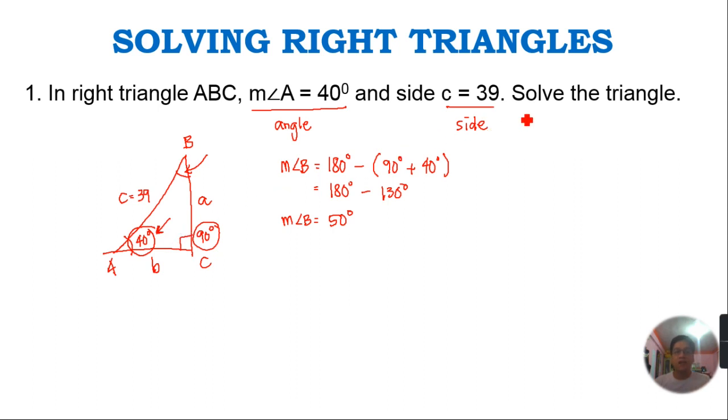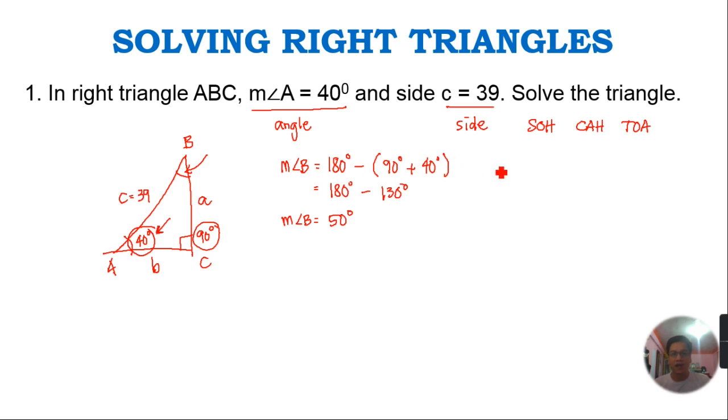So just decide whether you're going to use sine, cosine, or tangent, SOH CAH TOA. Now take note, we have a given. The given here is the 40 degrees angle. Opposite is A, and then you have the hypotenuse. If you look at the angle 40 degrees, opposite is A, and hypotenuse is 39.